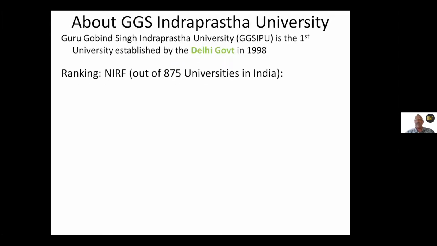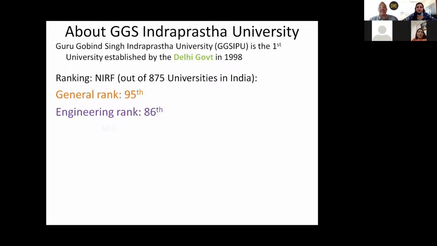NIRF, the National Institutional Ranking Framework, is a government agency which does a very genuine and authentic ranking. So let us see what the ranking of IPU is. The ranking is 95th, and in all we have around 900, rather 875 universities in our country.